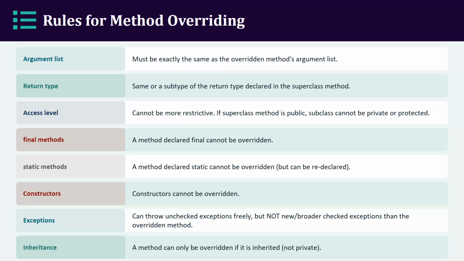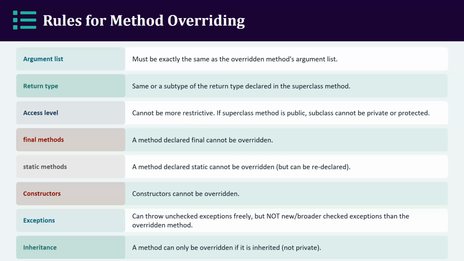A method declared final cannot be overridden. So you avoid using final if you want it to be overridden. A method declared static cannot be overridden but can be redeclared inside another class.